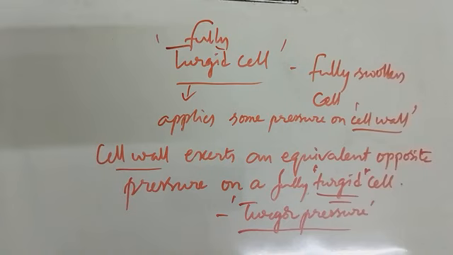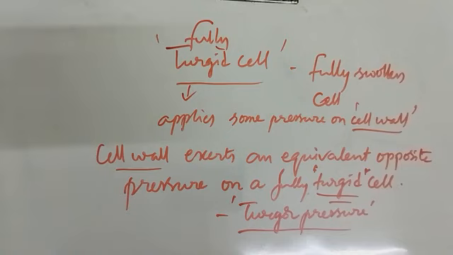And turgor pressure: when plant, bacterial or fungal cells are placed in hypotonic media, the cells get fully swollen or fully turgid, and the cell wall exerts an equivalent opposite pressure on the fully turgid cell, preventing the cell from bursting. This is called turgor pressure.